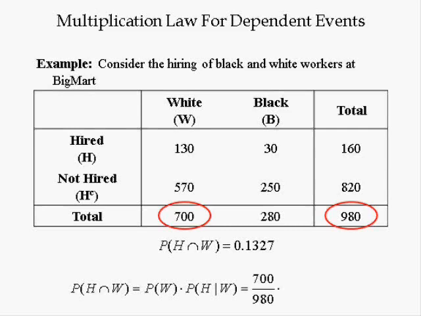To compute the probability an applicant is white, we divide the number of white applicants, 700, by the number of applicants, 980. To compute the probability an applicant is hired given she is white, we divide the number of hired white applicants, 130, by the number of white applicants, 700. The product of these probabilities is 0.1327, the same thing.